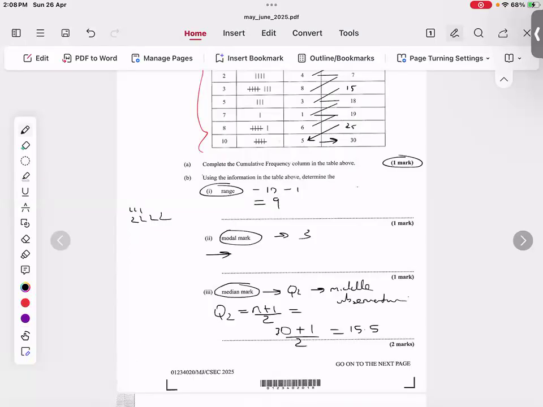The median is located in between the 15th position and the 16th position. So the 15th observation and the 16th observation, the median is located between that.